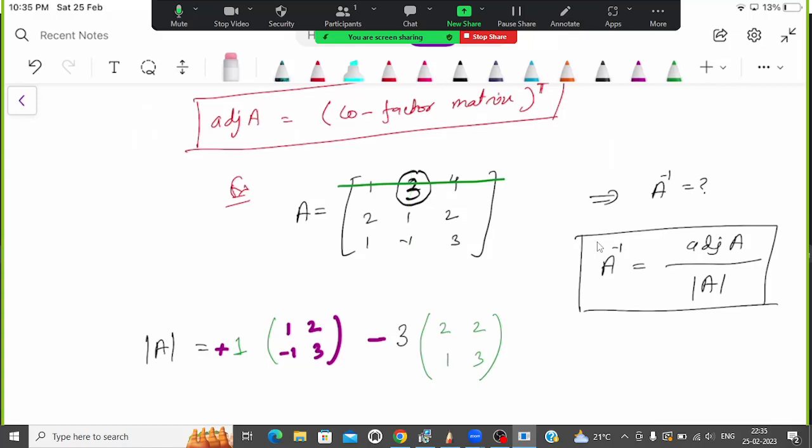Then write a plus sign and write this element 4, hide this row and this column and write the remaining elements 2 1, 1 minus 1.